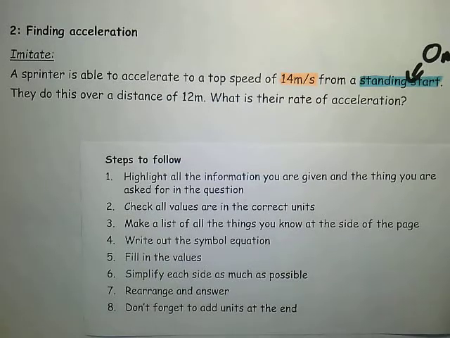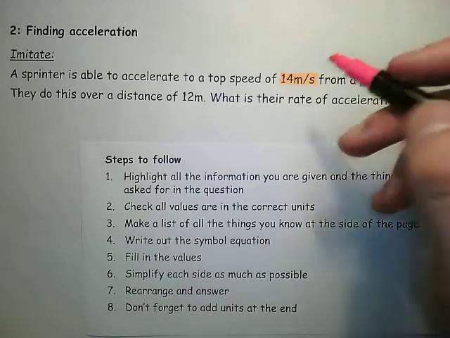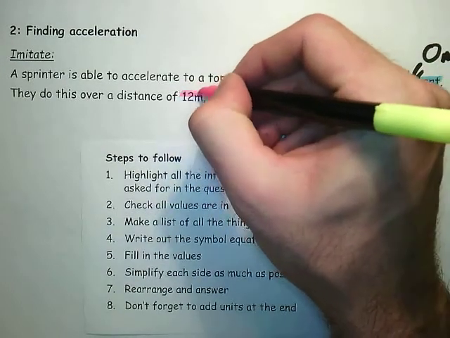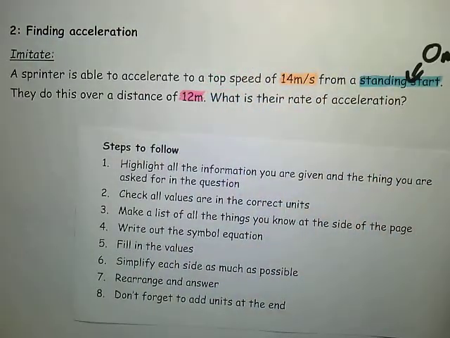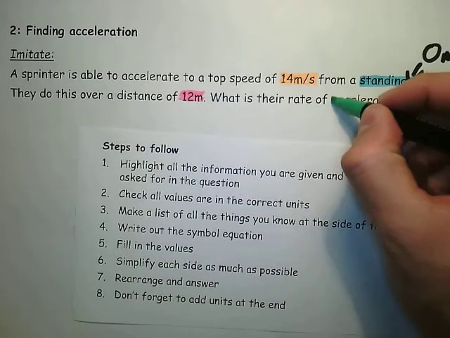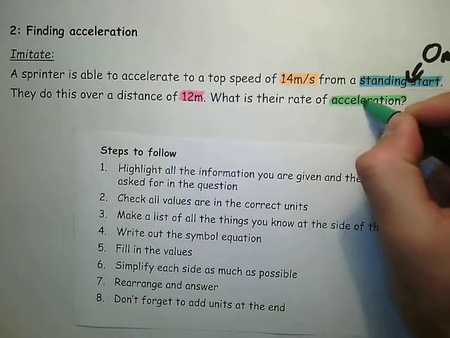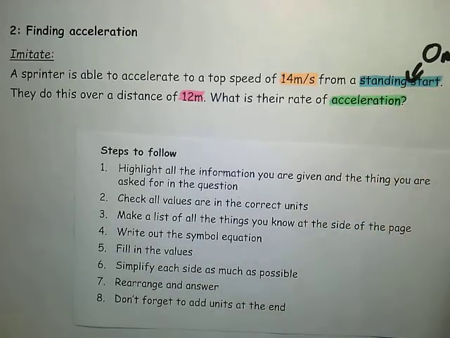They do this over a distance of 12 meters, so our distance is 12 meters, and we want to know the rate of acceleration. That's the thing we want to find out at the end.